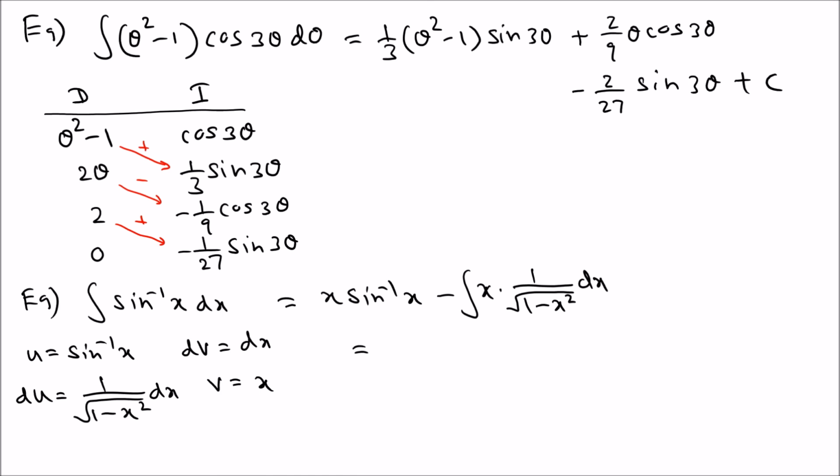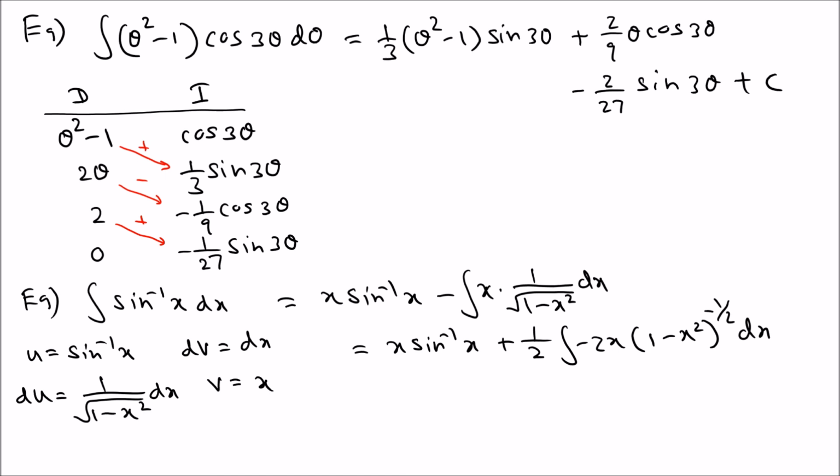So this is going to be x sine inverse x. So we need some preparation. You can see what is missing is negative 2. So I'm going to pull the negative sign inside, and we can write this one as negative 2x times 1 minus x squared to the negative 1/2 dx.